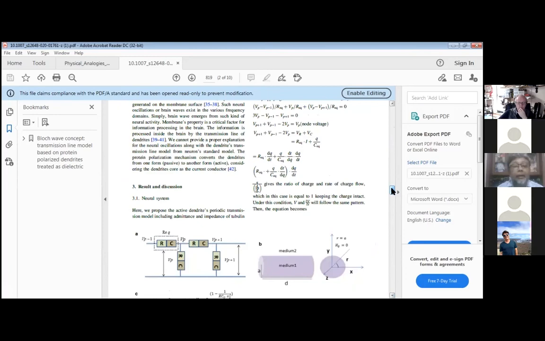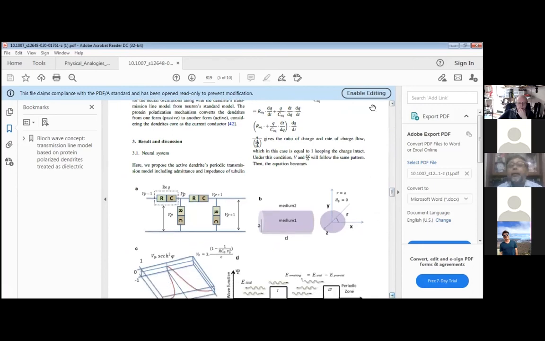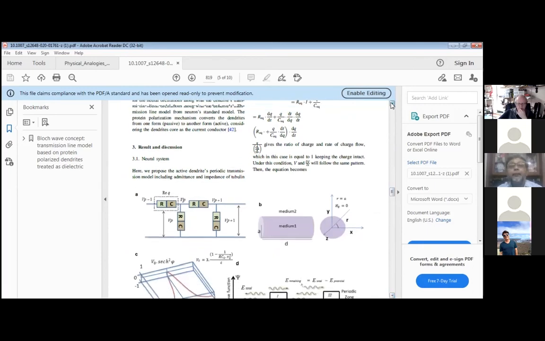Basically these calculations use the normal wave propagation and electric and magnetic field calculations. This is a neural system you can see, and we first framed this equation.